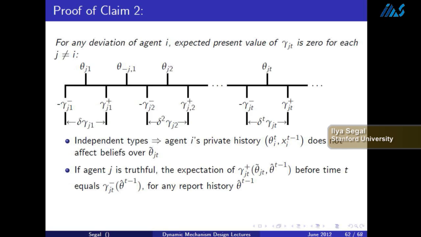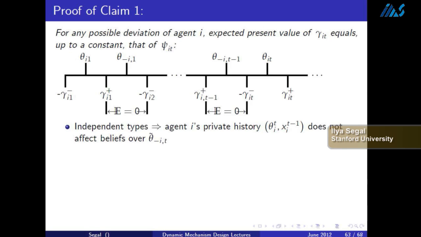So the ex-ante expectation of this will be 0. That shows that on expectation agent I does not affect the total incentive terms of agent J. That's true in every period, you add it up and you get 0.